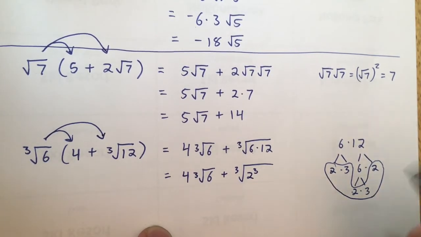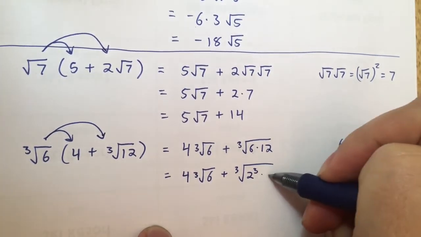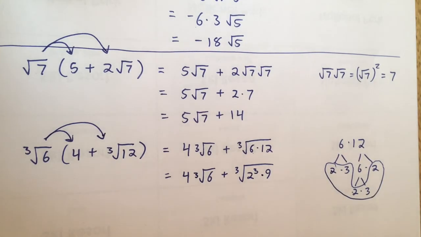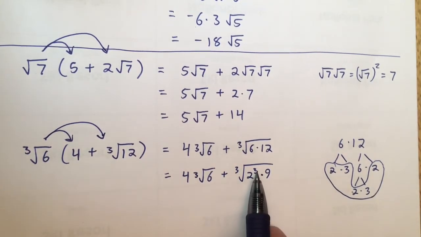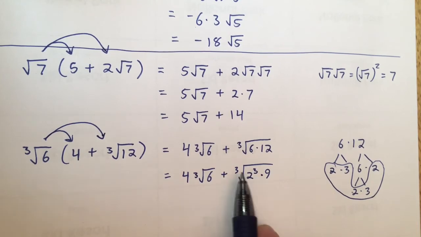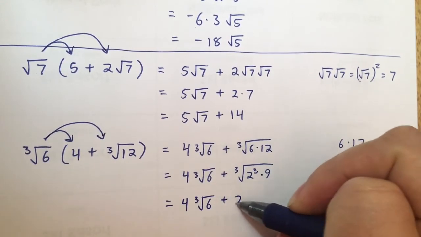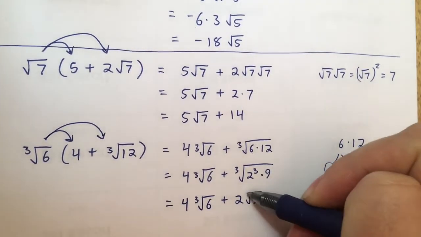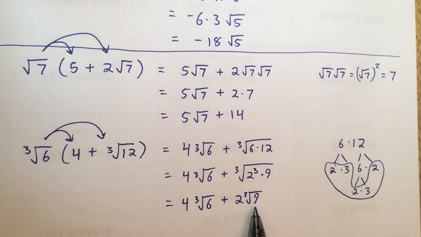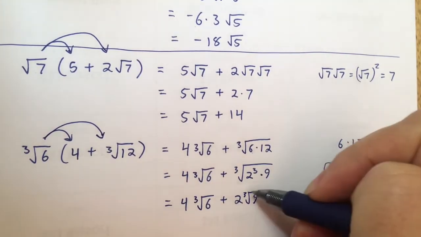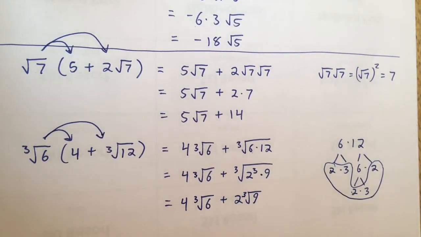And 3 times 3 is 3 squared. That's 9. I left this 2 cubed because I wanted us to see that we're taking the cube root of 2 cubed, right? And we know that the cube root of 2 cubed is just 2. So, cube root of 9. This cannot be simplified because 9 doesn't have any perfect cube factors. So we leave it like this. That is our final answer.